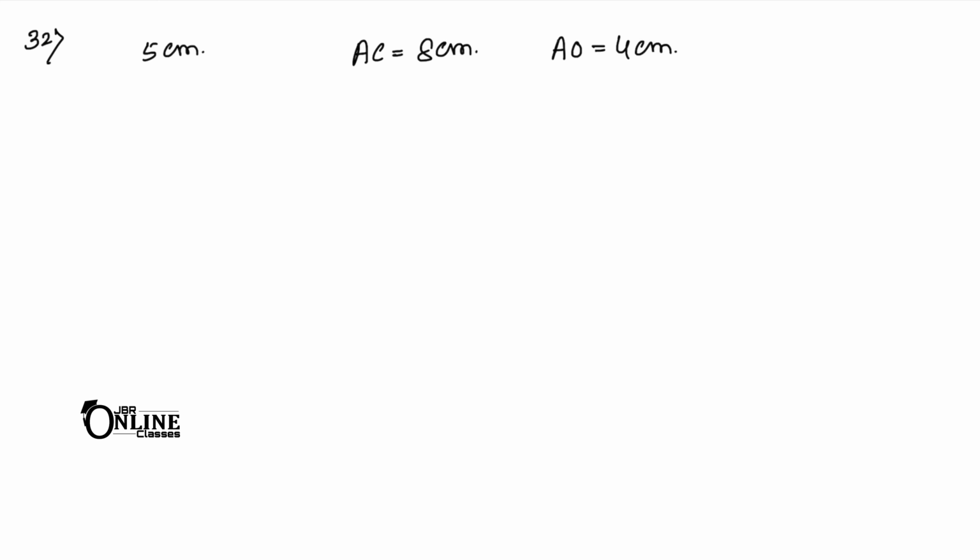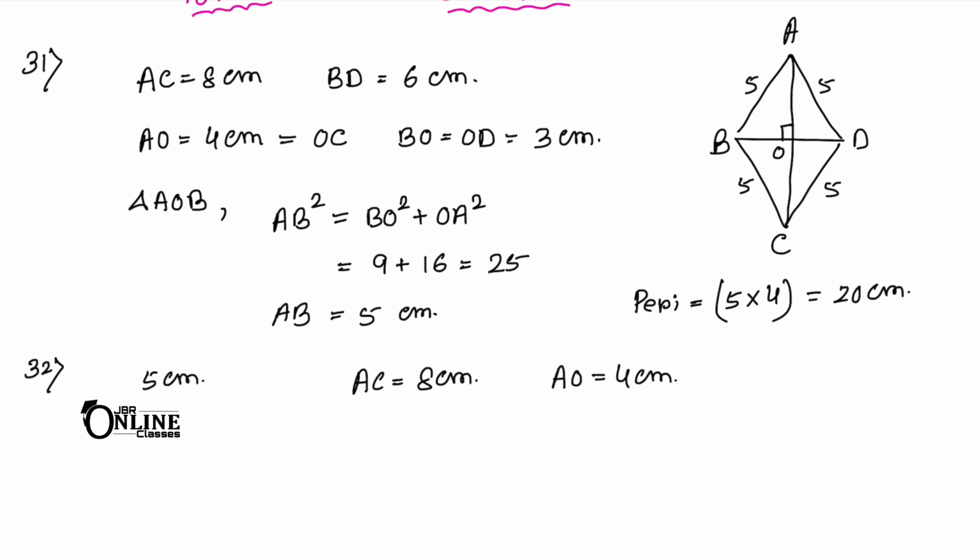Here is the same diagram as the previous one. So you can easily find half of the second diagonal, that is BO. BO will be 3 centimeter. Why 3 centimeter? Because the side is 5 centimeter, same as the previous one, so BO will definitely be 3 centimeter.